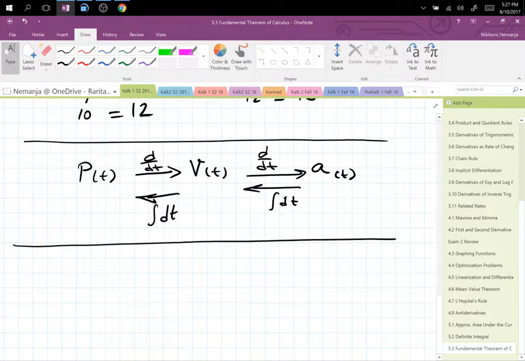Can anyone tell me why are they opposite of each other? Why are they opposite?